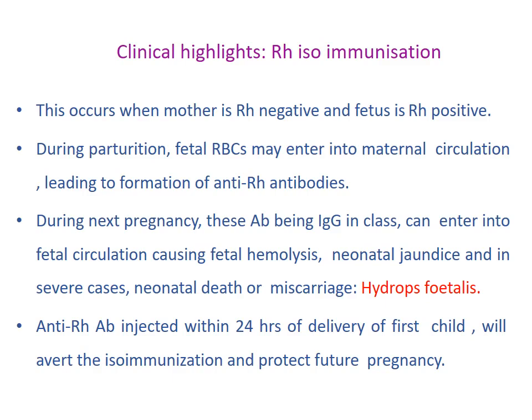During delivery, some fetal blood enters the maternal circulation, leading to formation of anti-Rh antibodies in the mother. Why? Because the mother is Rh negative and has not been exposed to Rh antigen. When the positive blood enters from the fetus to the mother, her body treats it as a foreign antigen, so antibody is produced against it.